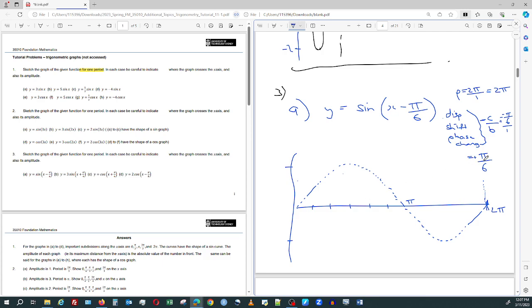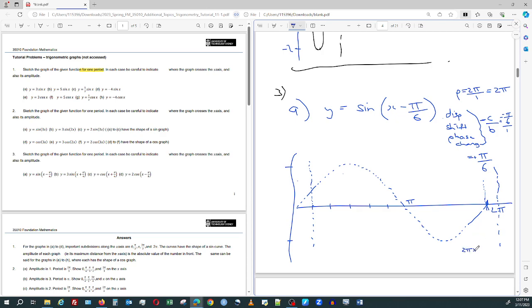Now look, this says do not start until pi on 6. So our sine wave is not starting until here, which means it's not finishing until here: 2 pi plus pi on 6. What's 2 pi plus pi on 6?